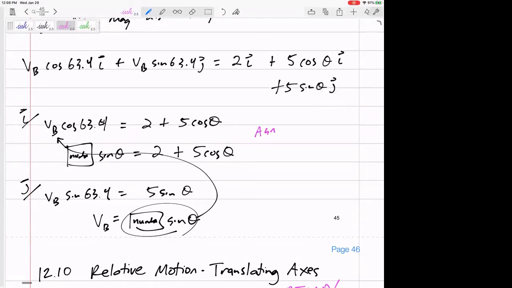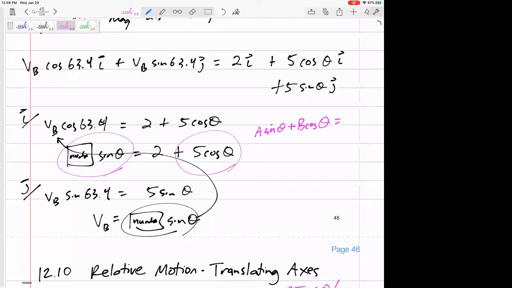So A sine theta plus B cosine theta, if I wanted to group those together into one term, which is kind of what I do, I need to put them on the same side of the equation. So it might be: something sine theta minus 5 cosine theta equals 2.